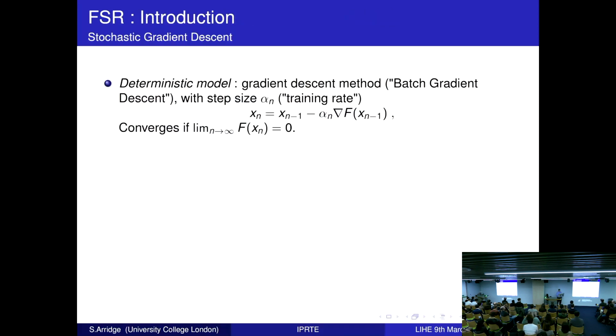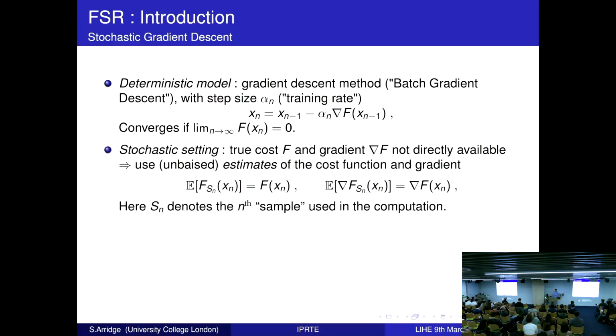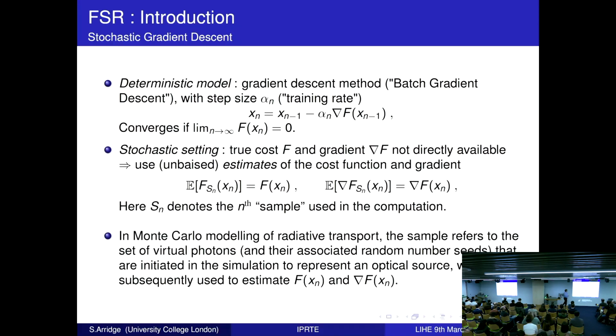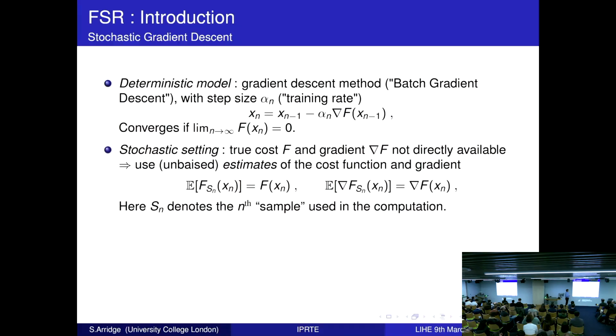So we've seen this a bit already. In a deterministic model, we take a gradient step by taking the gradient of the full objective function. And in the stochastic setting, we take a subset, and we believe that in expectation over the samples, the subsets equal the true objective function, and the same for the gradient.